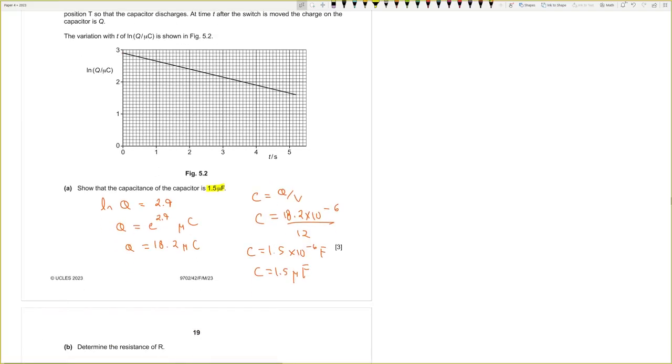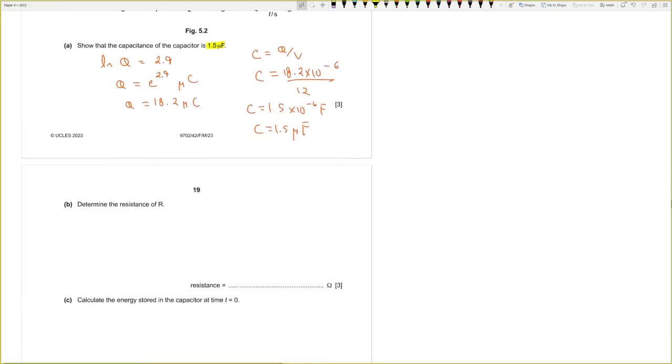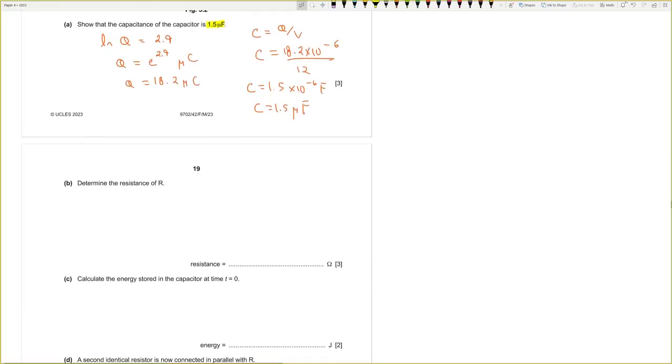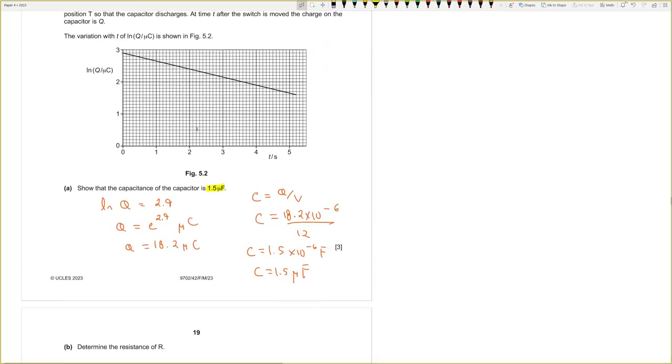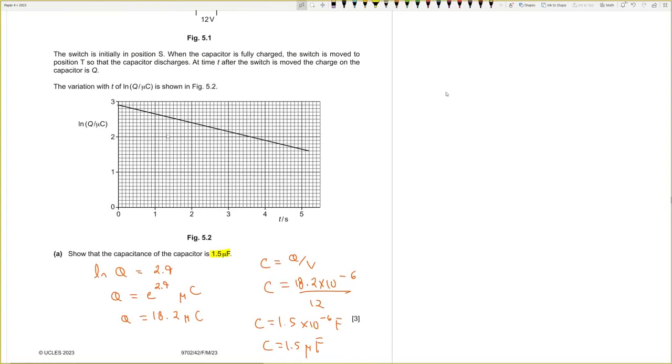Okay, so here we need to use the formula for discharging a capacitor. So remember, guys, the formula for Q is Q equals Q naught e to the power minus t by RC. So if you use ln, what would you end up with? ln Q is equal to ln Q naught plus ln e to the power minus t by RC.